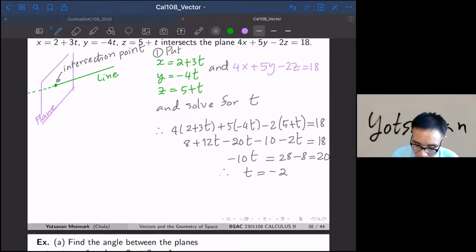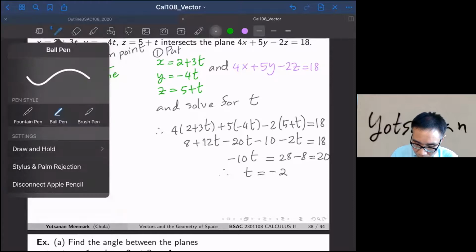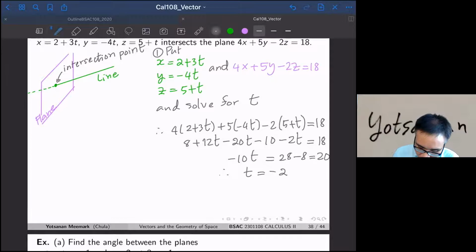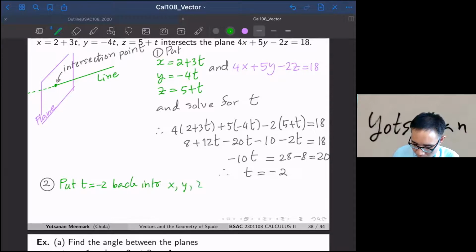So the first step is done. The second step is you put t equal to negative 2 back into x, y, and z.